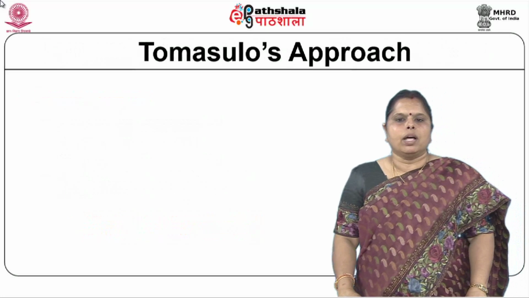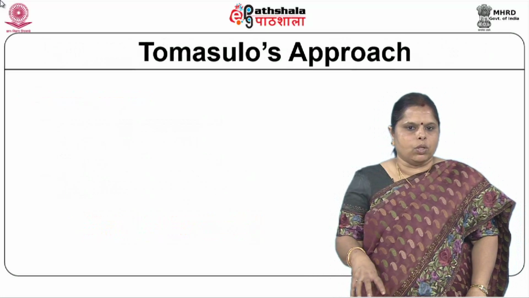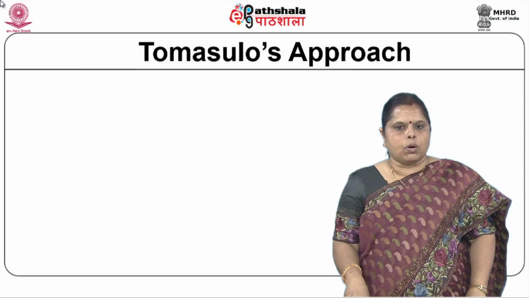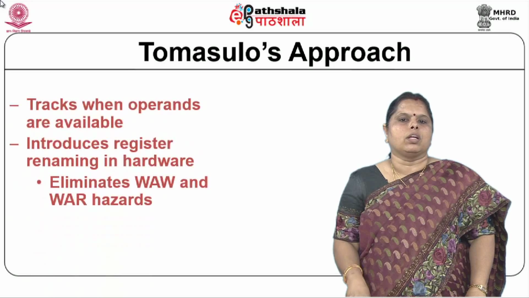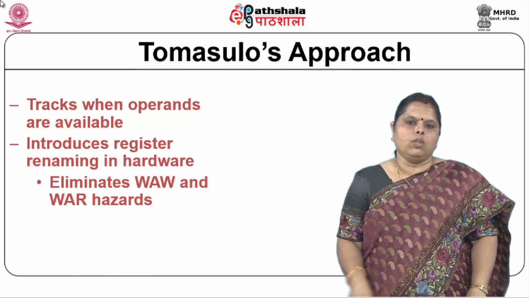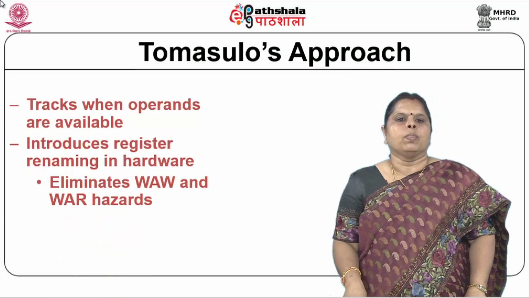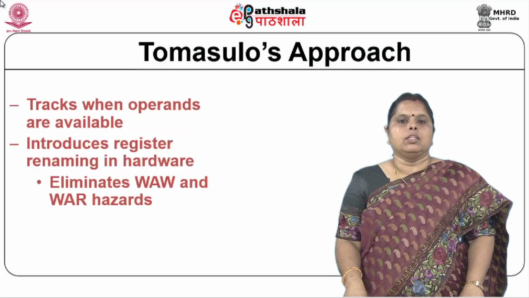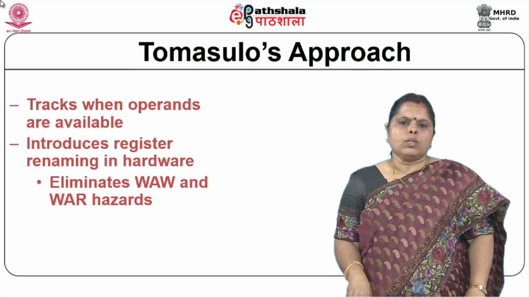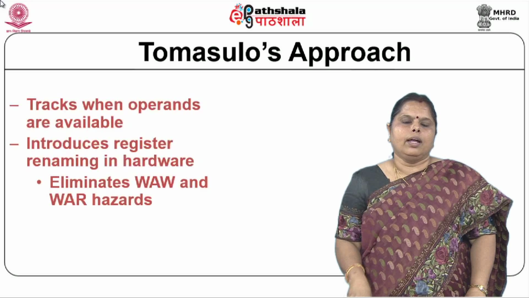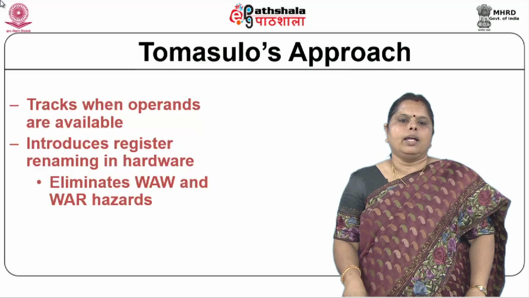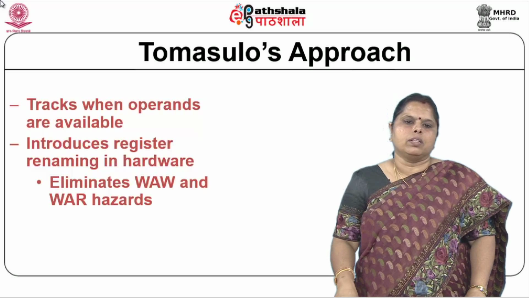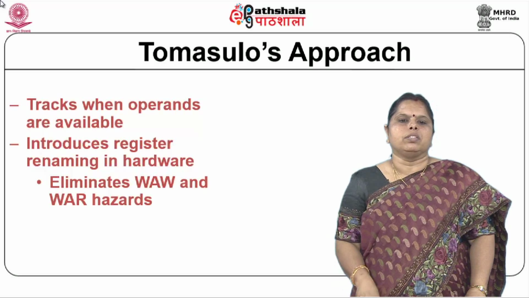So the idea of dynamic scheduling is that with all these changes that are brought in, we should still be able to execute the instructions without giving rise to hazards. You cannot have any of these hazards happening in the pipeline. So what Tomasulo's approach does is it tracks and finds out when operands are available, and to resolve name dependencies, it uses the concept of register renaming.